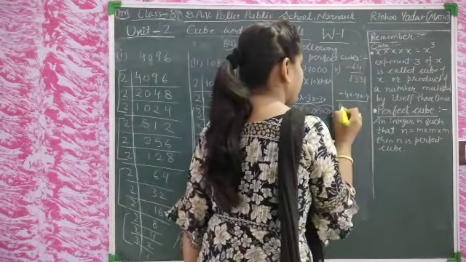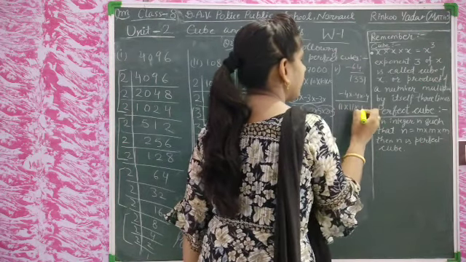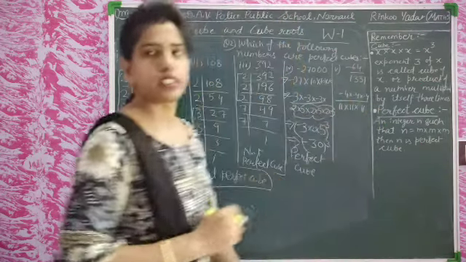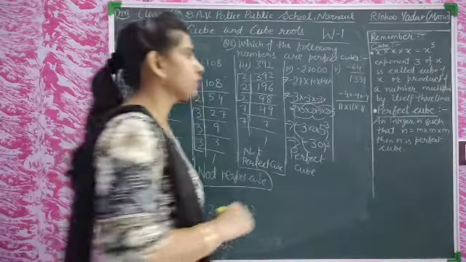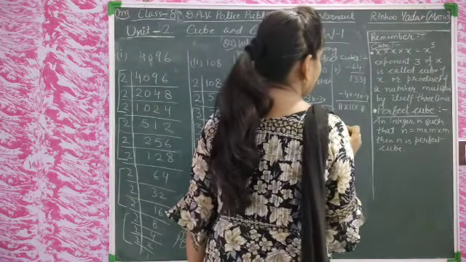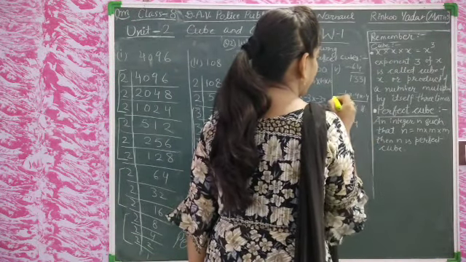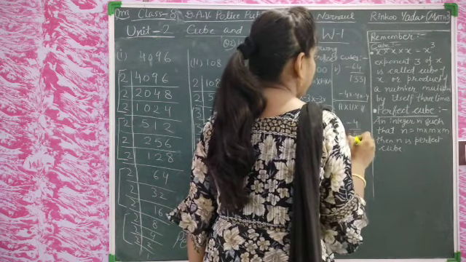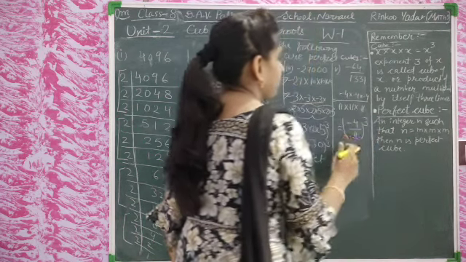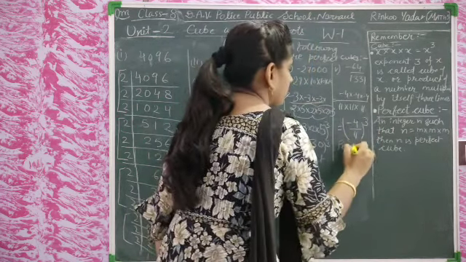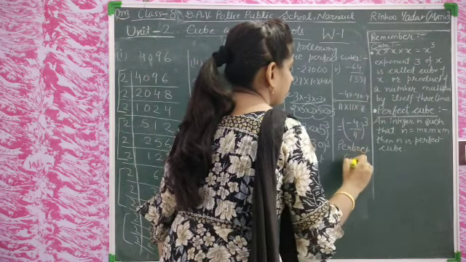Yes, 11. 11 into 11 into 11, that is 1331. So students, you are seeing that this is the perfect cube of minus 4 divided by 11 cubed. It means this is also a perfect cube.